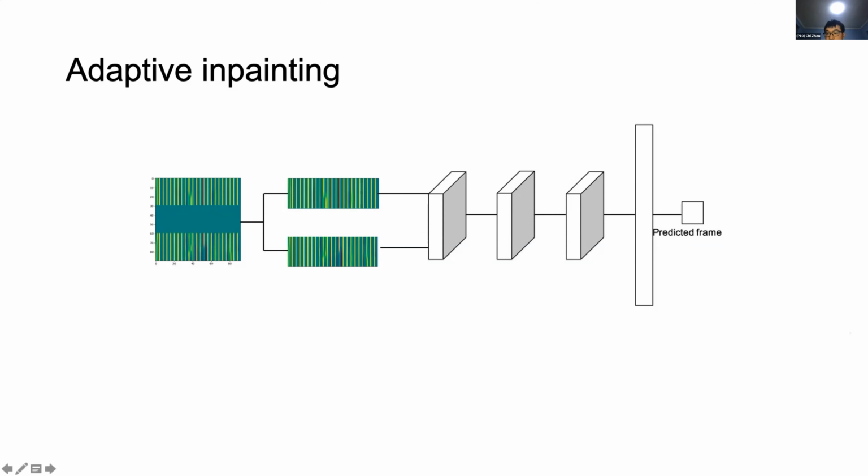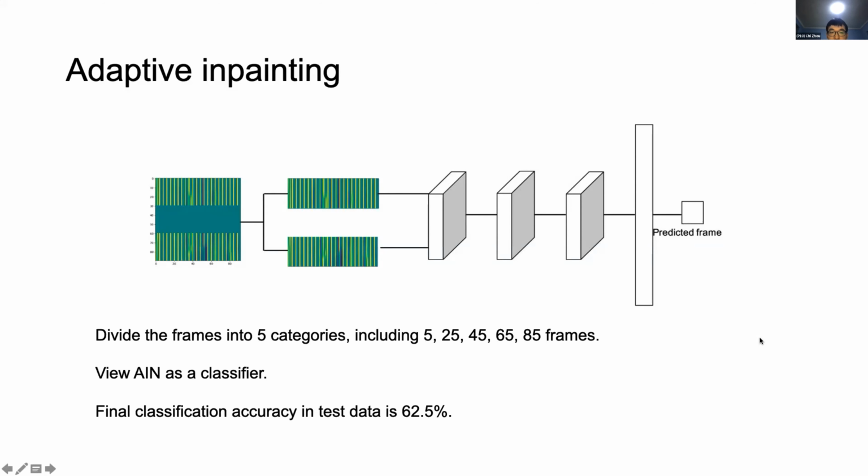And this figure shows the structure of adaptive inpainting network. It has 3 convolution blocks with a fully connected layer. And to predict the number of interpolation frames, we mask the ground truth motions and divide the frames into 5 categories, including 5 to 85 frames. And we view this network as a classifier.